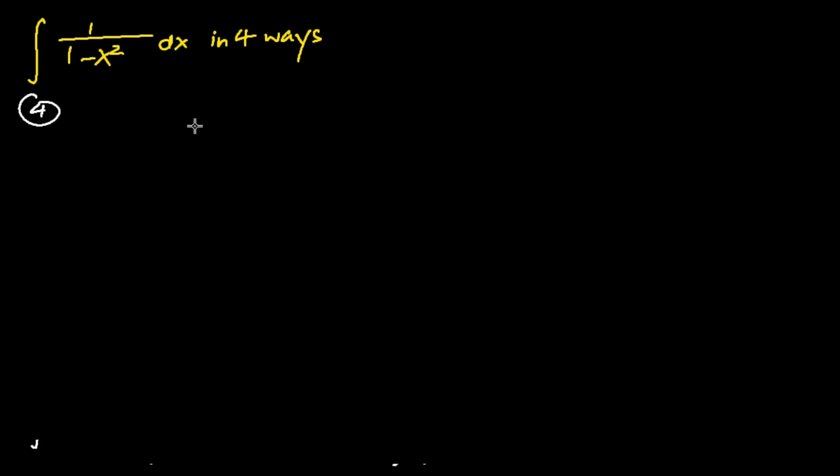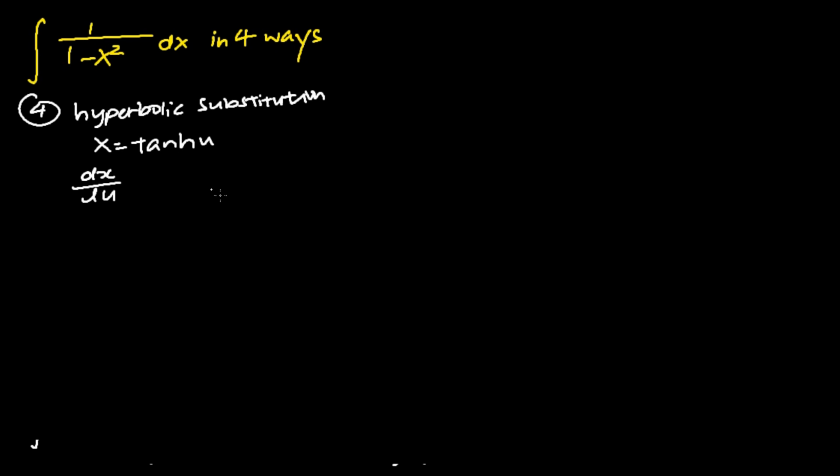And the fourth way of performing this integration is by using the technique called hyperbolic substitution. Applying integration by substitution, this time around we will substitute my x as the hyperbolic tangent of u. To find my differentiation, I differentiate x with respect to u, and I will get the hyperbolic secant squared of u.